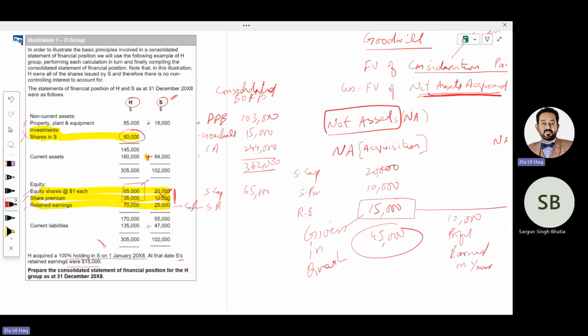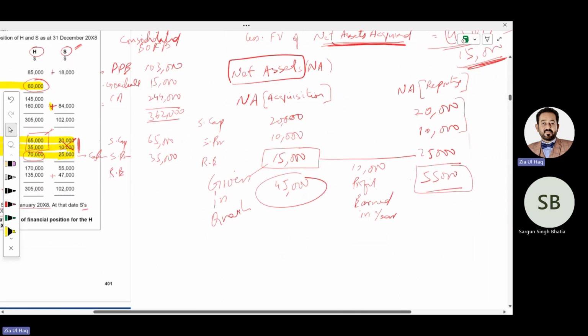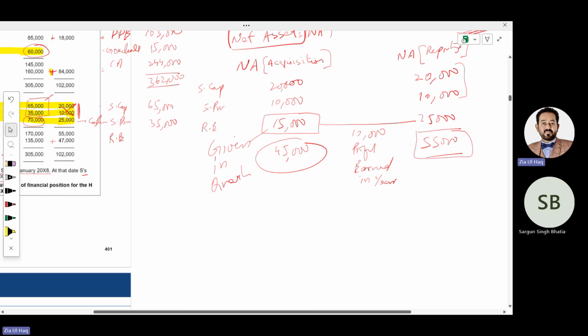Share premium, we need to record only for the parent company, that is 35,000. And for retained earning, we need to calculate: we need to add the retained earning of the parent company, this figure, plus the share of subsidiary. How can we calculate retained earning?